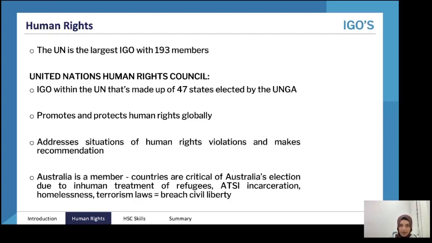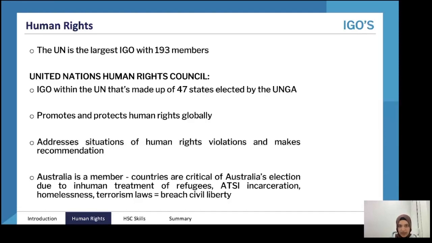So Australia is a member, and countries are critical of Australia's election due to inhumane treatment of refugees, the Aboriginal and Torres Strait Islander incarceration as well, homelessness, and terrorism laws, which breach civil liberties. So essentially, a lot of people were unhappy that Australia was a member.